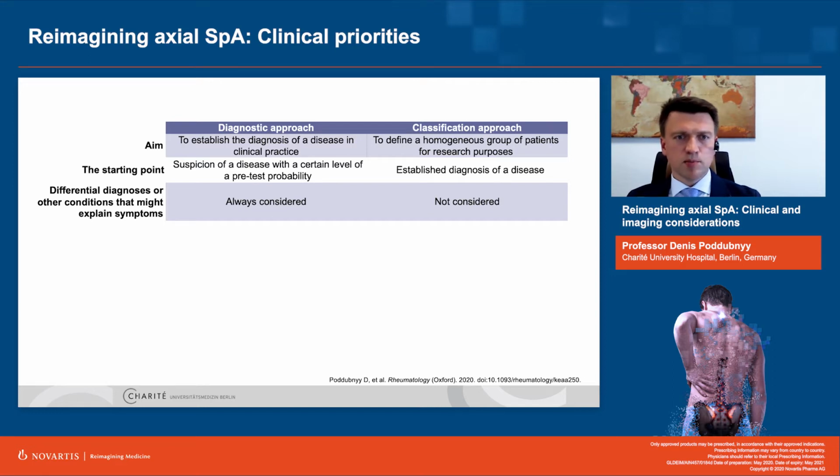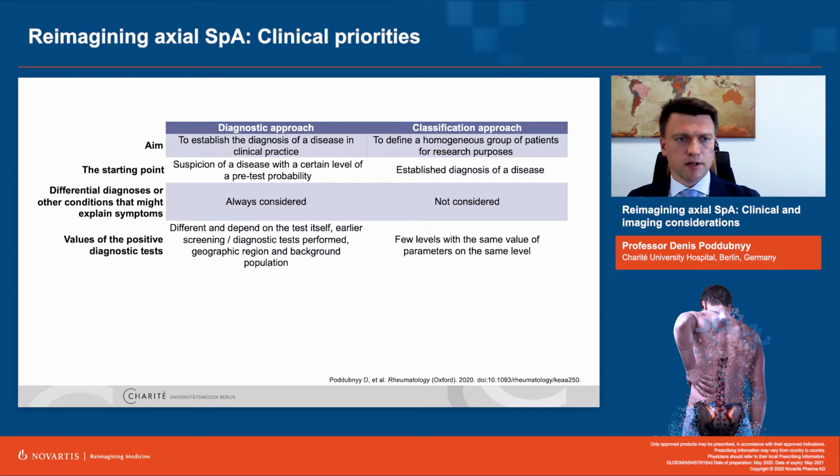In the diagnostic approach, we always consider a differential diagnosis. We estimate the probability of what is more likely: axial SpA, a mechanical problem, degenerative disc disease, or something else, and so on. In a classification approach, differential diagnosis or alternative explanations of symptoms are not considered because we have an established diagnosis of the disease and we apply classification criteria.